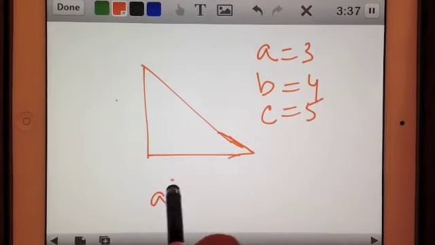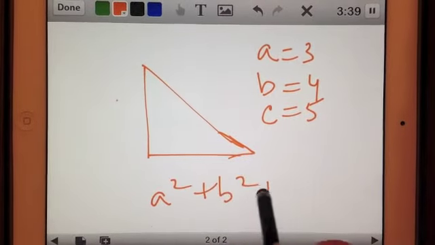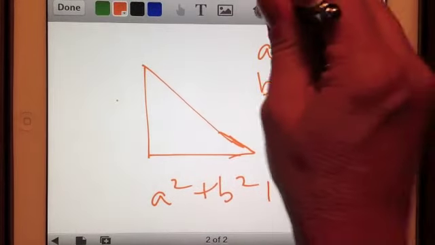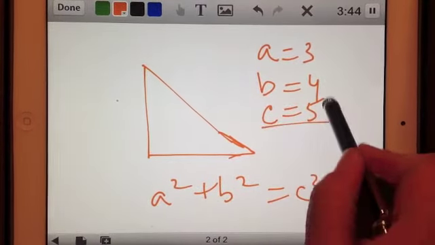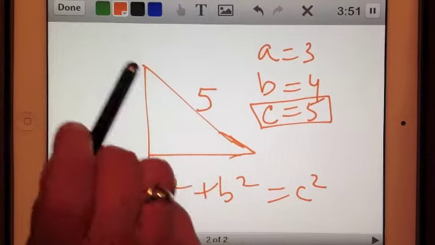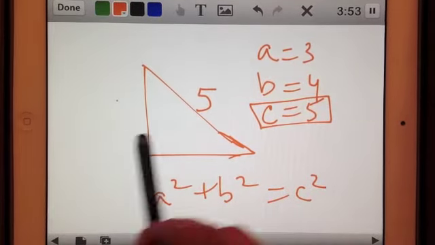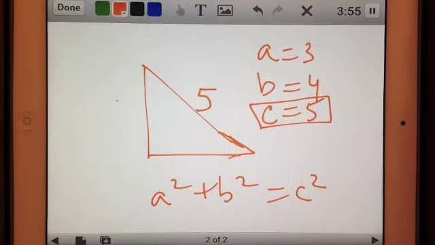When we are thinking about this formula, we must know that C is going to be referring to the hypotenuse. So right there, that tells me that 5 is the length of the diagonal. Now, which one is the 3 and which one is the 4 for the other two sides? It really just depends which one's a little bit shorter.